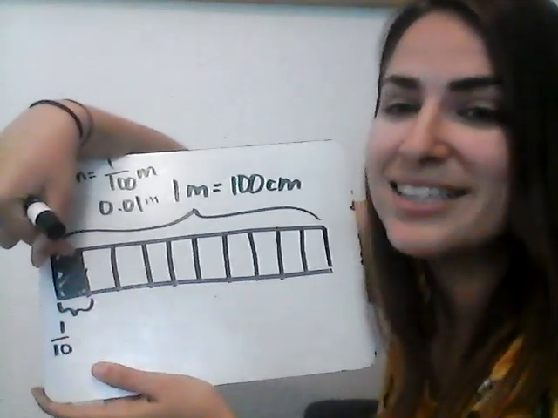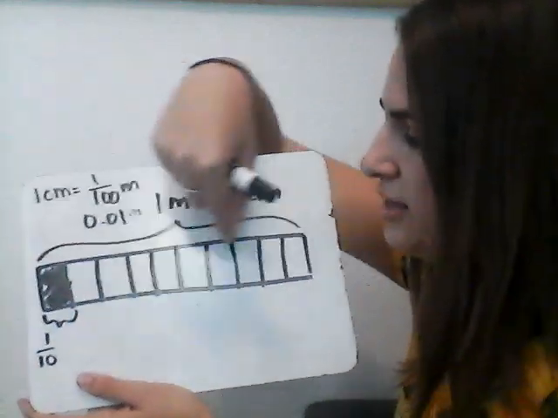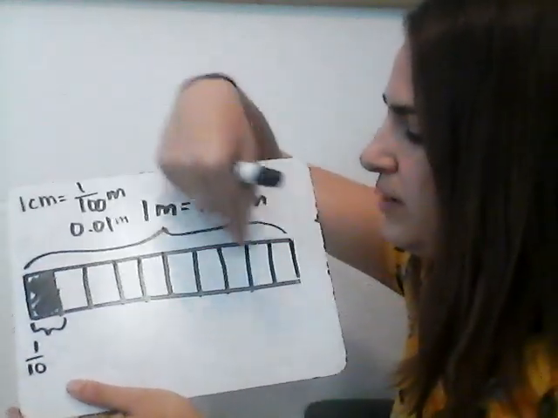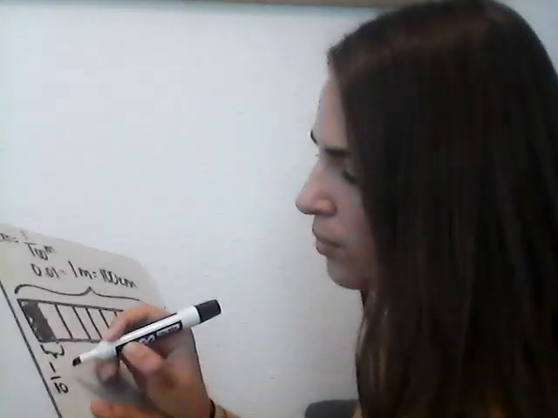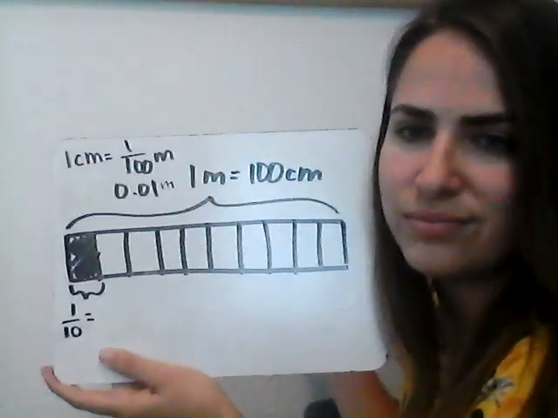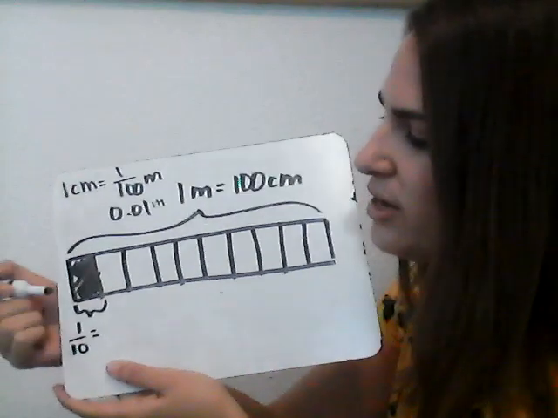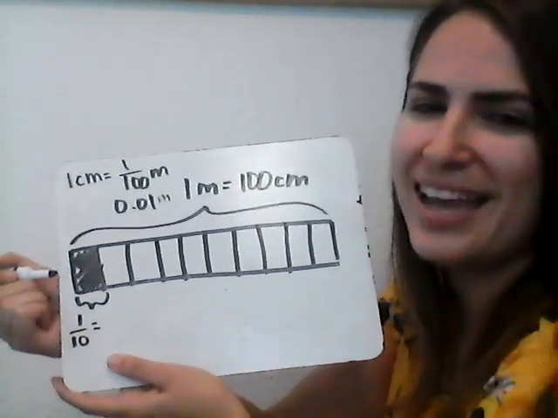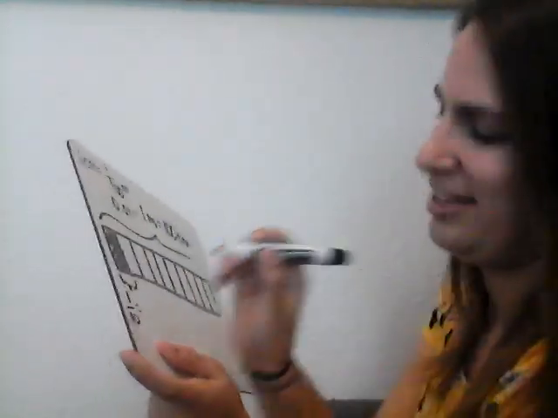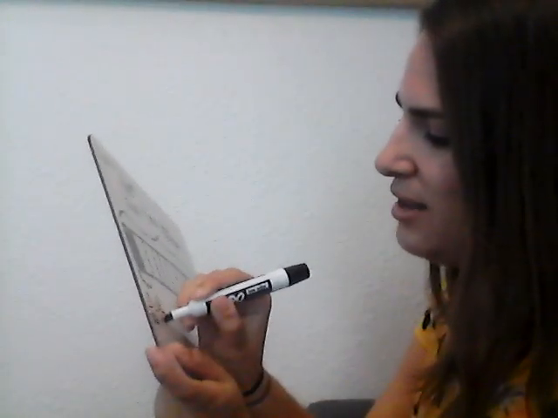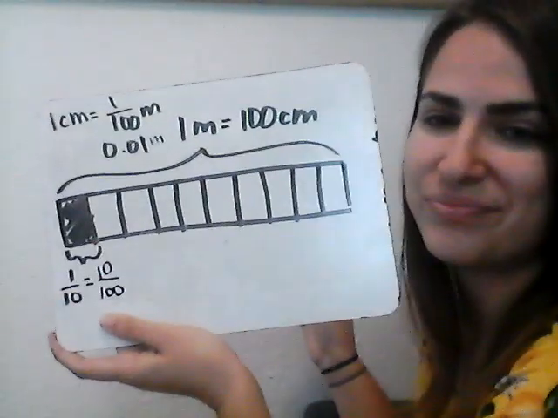You're right, it would be 10 centimeters, because the whole thing is 100 and it's split into 10 parts. So 100 divided by 10 is 10. So what other fraction could we write? This is 1/10, but it's also 10 what? You're right, it's also 10 hundredths.